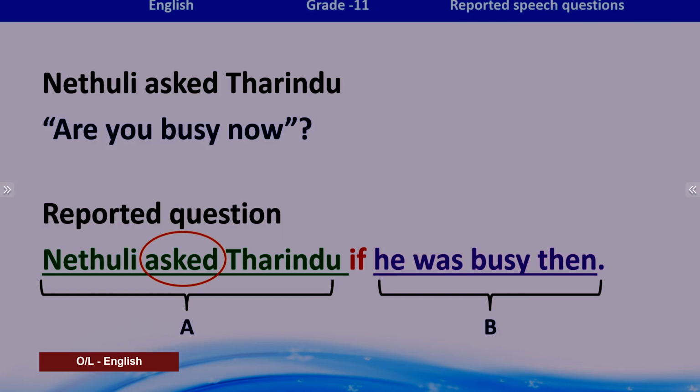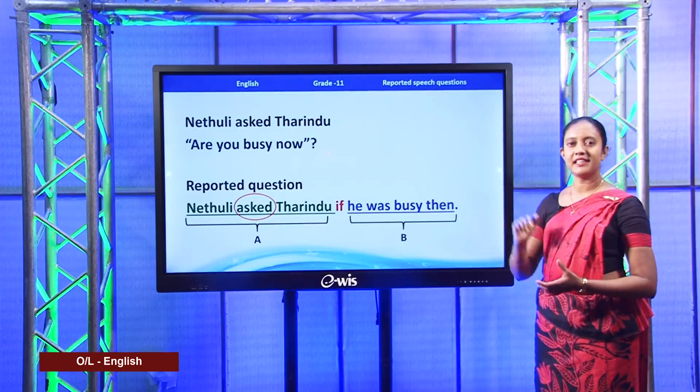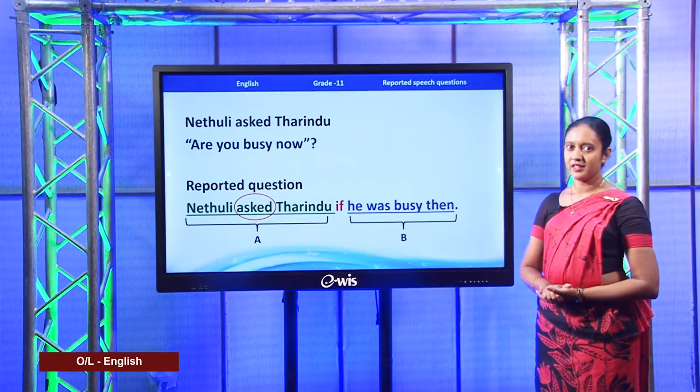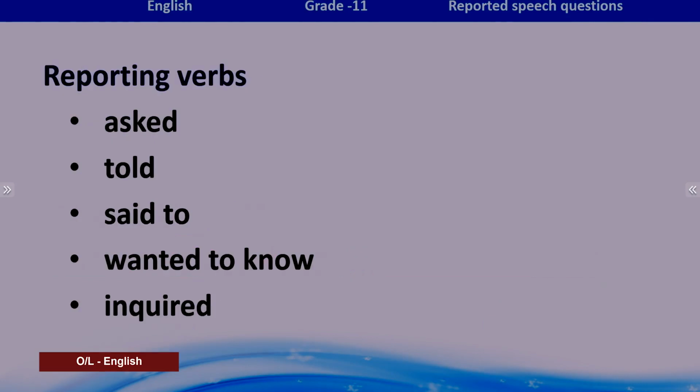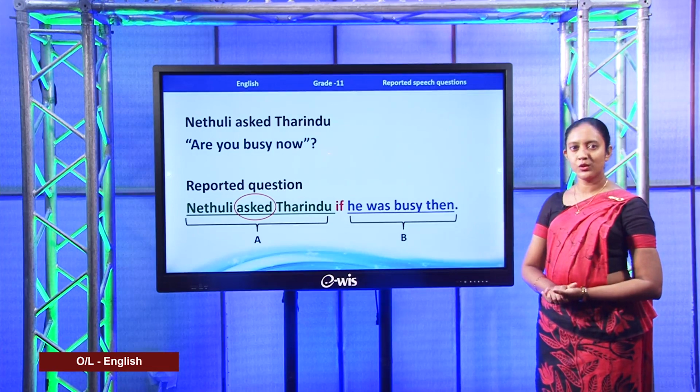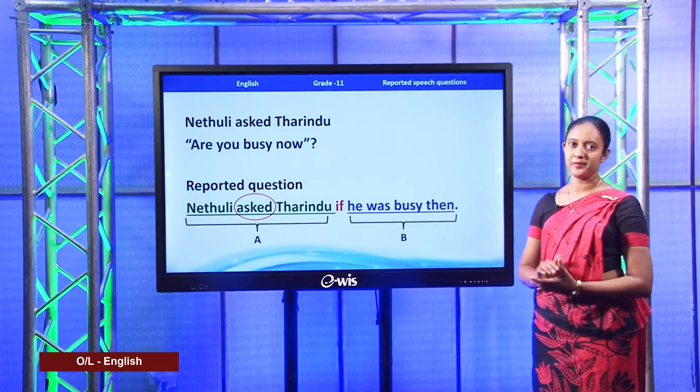What is the verb there? The verb is asked. We call it the reporting verb. Instead of the reporting verb asked, you can also use other reporting verbs such as told, said to, wanted to know, inquired.